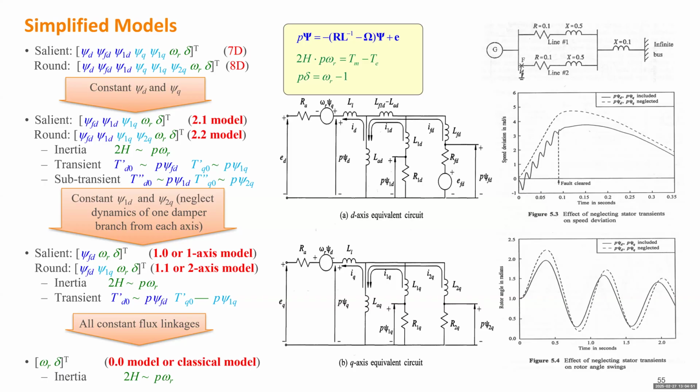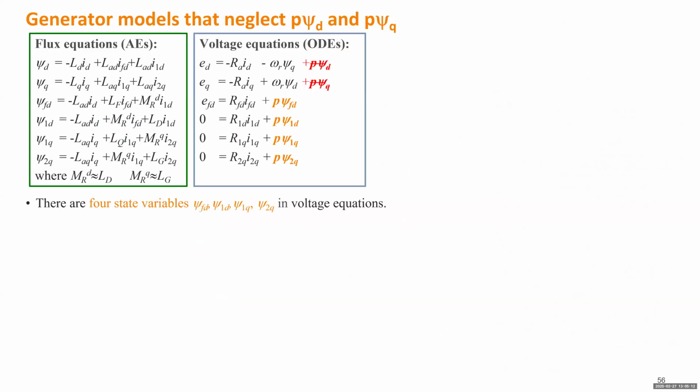I could go step by step from the 2D model, the 7D model, to the 2.2 model, and ignore one to become the 2.1 model, and go through the whole process. But that would take a lot of time, so I will leave some important steps as homework. I will just show you the idea of how to do it.